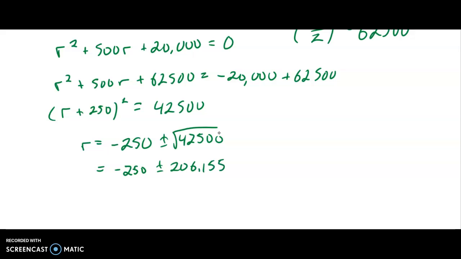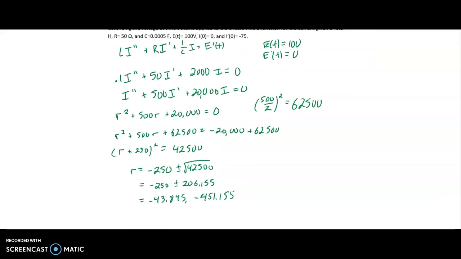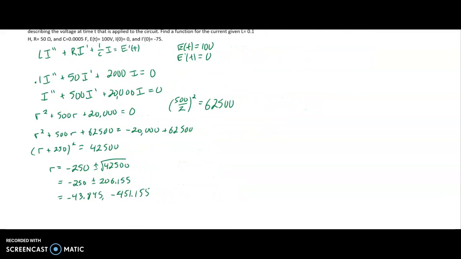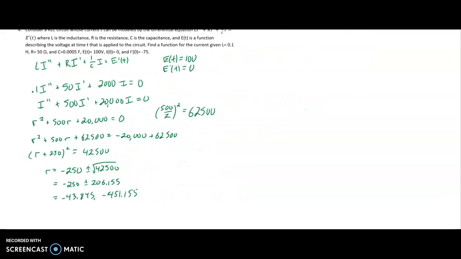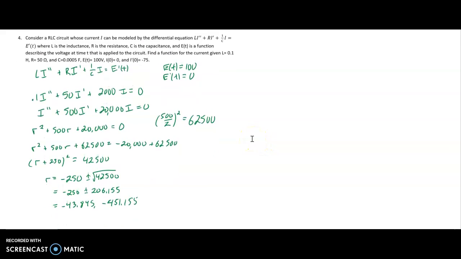Now, if you do that, one of those is going to be negative 43.845, and the other one is going to be negative 456.155. So, like I said, you can use whatever method works best for you to get to those two numbers. But those are the roots of our characteristic equation.